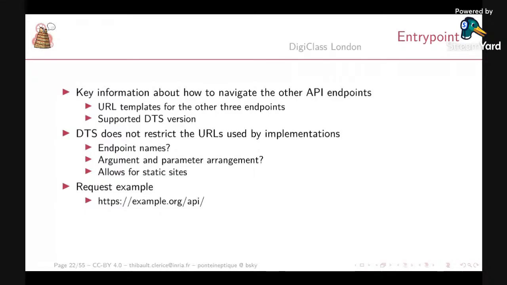And we built DTS, I didn't say that until now, sorry, so that there are two ways to accommodate DTS, two conformance levels. I think it's level 0 and level 1, but maybe I'm wrong on the naming scheme. And one of those levels allows the API to be a static website.